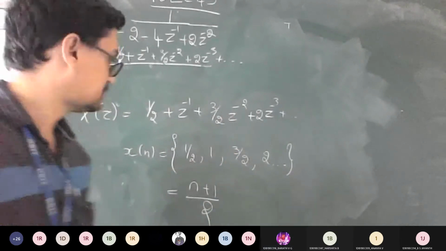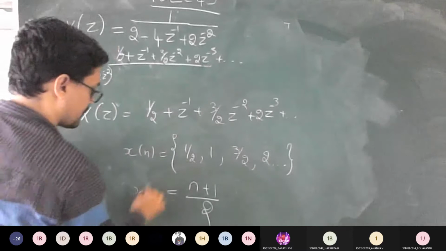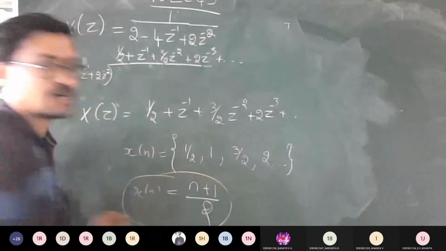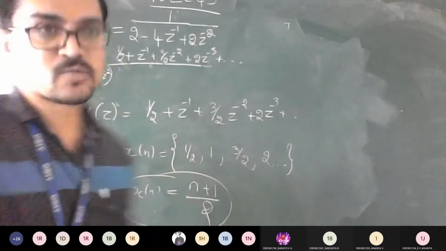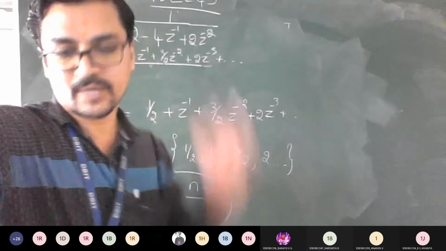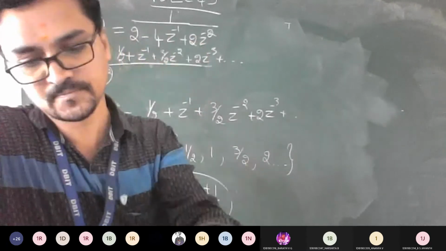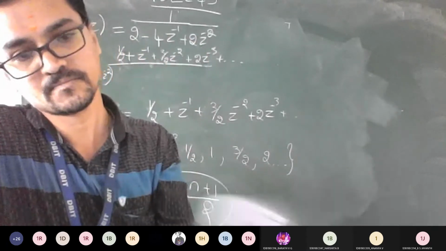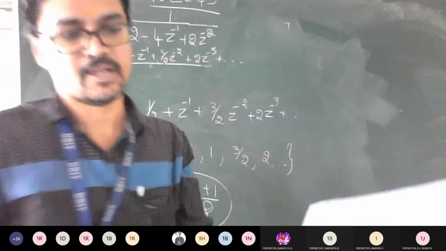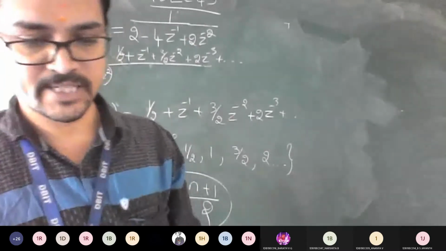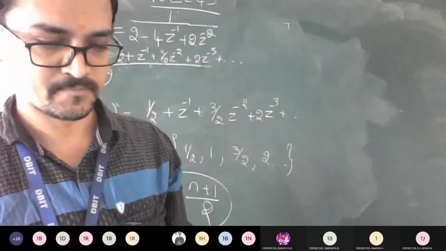Okay, now that completes x of n is equal to n plus 1 divided by 2. So I hope everyone got the logic till here. If anybody has a doubt with this long division technique, let me know, guys.